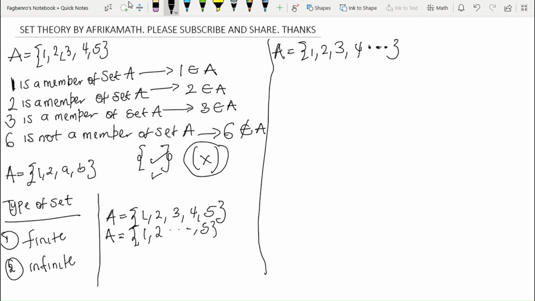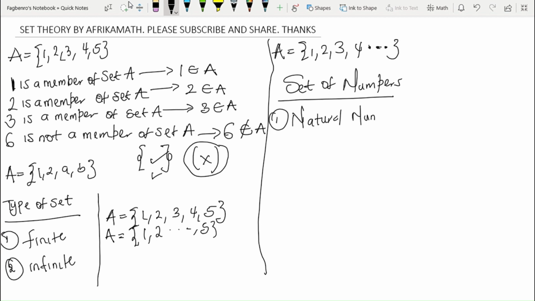The most important aspects of this infinite set are sets of numbers. Number 1, we have what is called natural number. Number 2, we have what is called integer. Number 3, we have what is called rational.